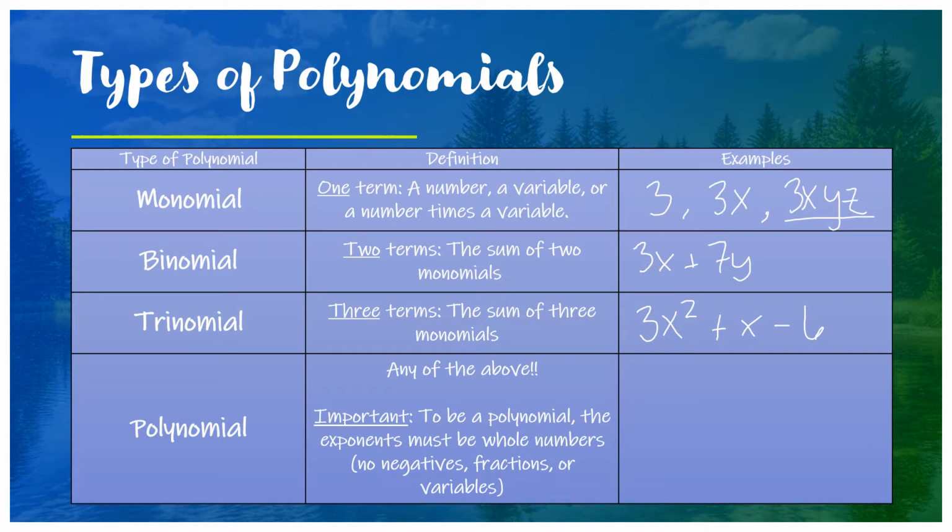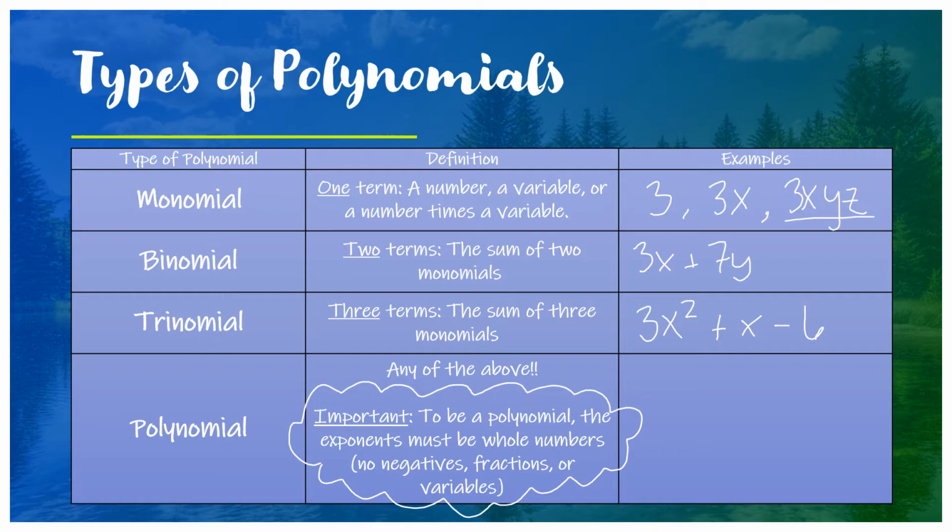So a polynomial is any of the above. A monomial, a binomial, and a trinomial are all considered polynomials. The way that you would classify something as just a polynomial is when it had more than three terms. The other thing that we have to be very careful of is this part right here. You cannot have exponents that are negatives, fractions, or variables in the exponent.